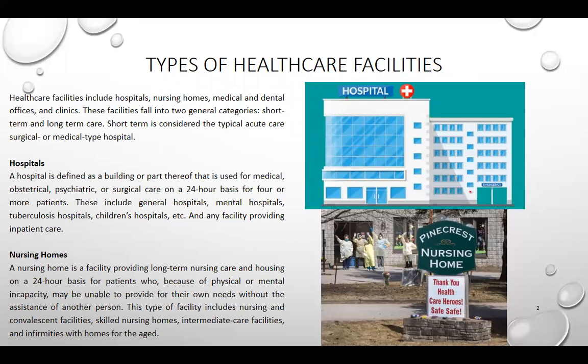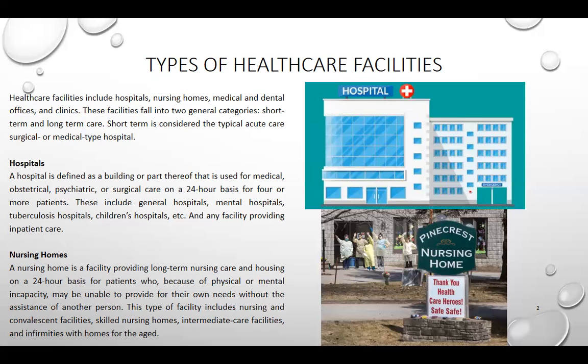So hospital is defined as a building or part thereof that is used for medical, obstetrical, psychiatric, or surgical care on a 24-hour basis for 4 or more patients. These include general hospital, mental hospital, tuberculosis hospital, children's hospital, etc., and any facility providing inpatient care.